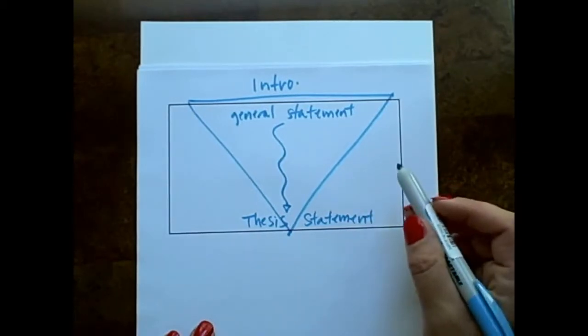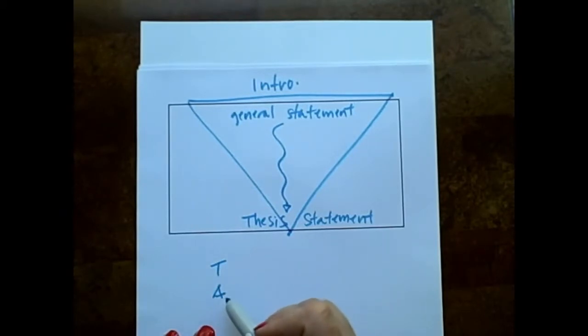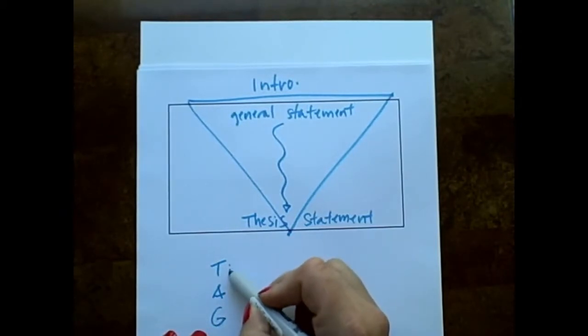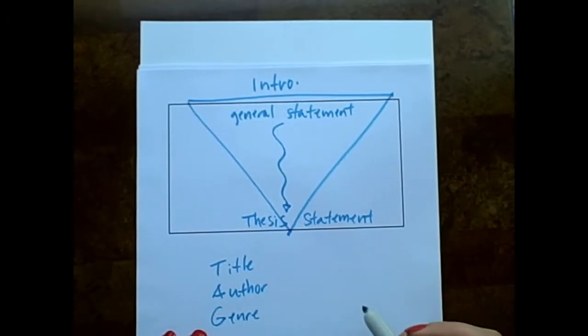You must also include the title, the author, and the genre in the first paragraph, the tag. Preferably include the tag the first time you make specific reference to the text.